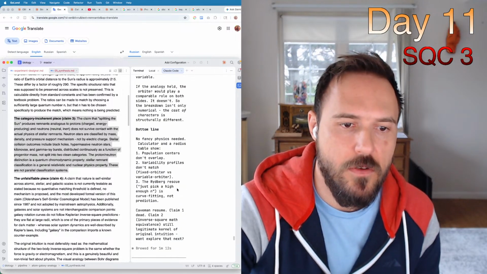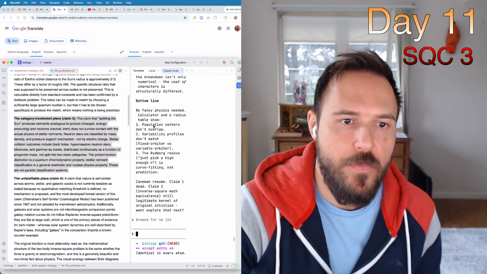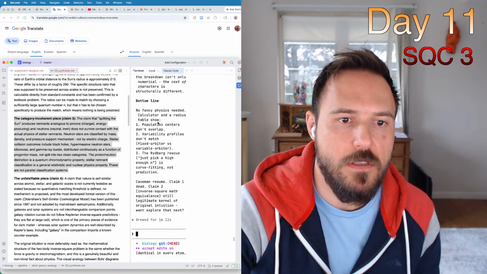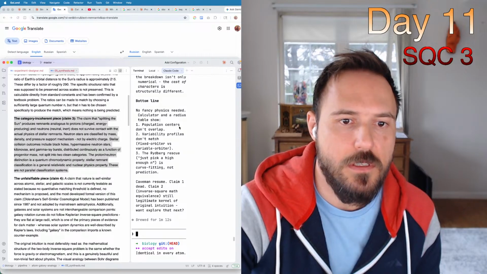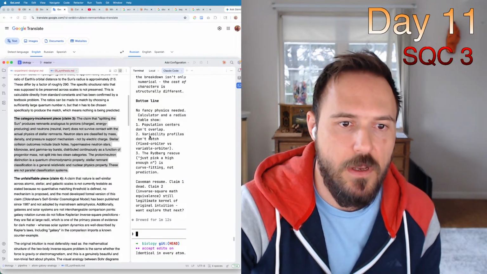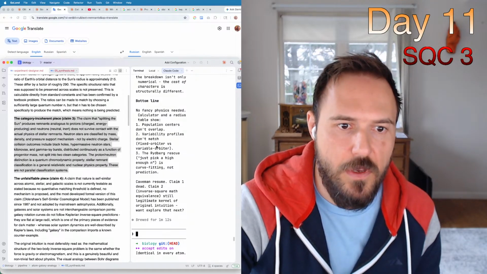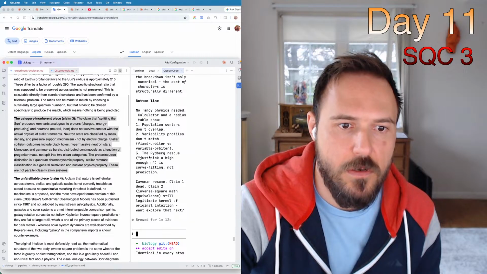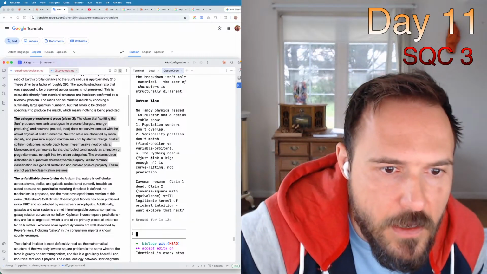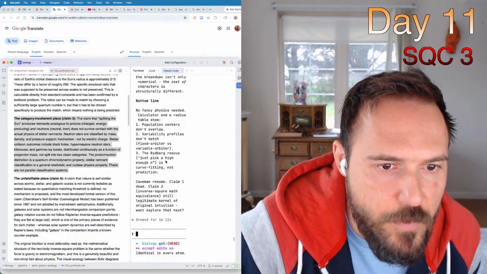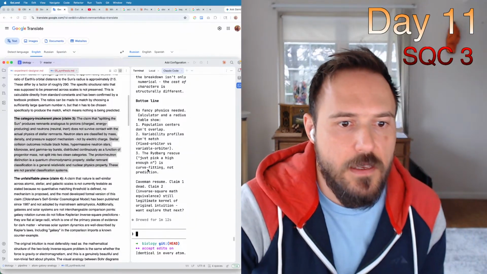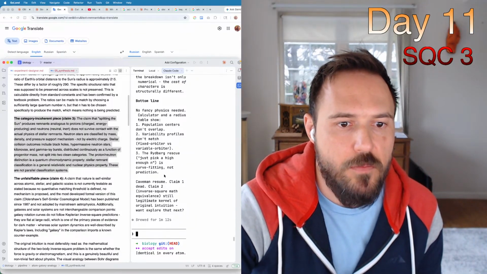Completely false. No fancy physics needed. Calculator and radius table shows proportional centers don't overlap. Variability profiles don't match. Fixed orbiter versus variable orbiter. Just pick a high enough n is curve fitting, not prediction.